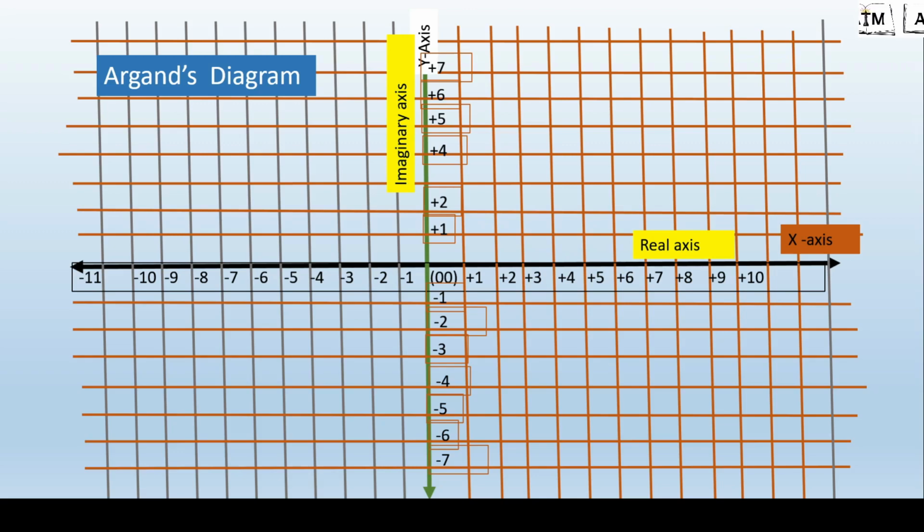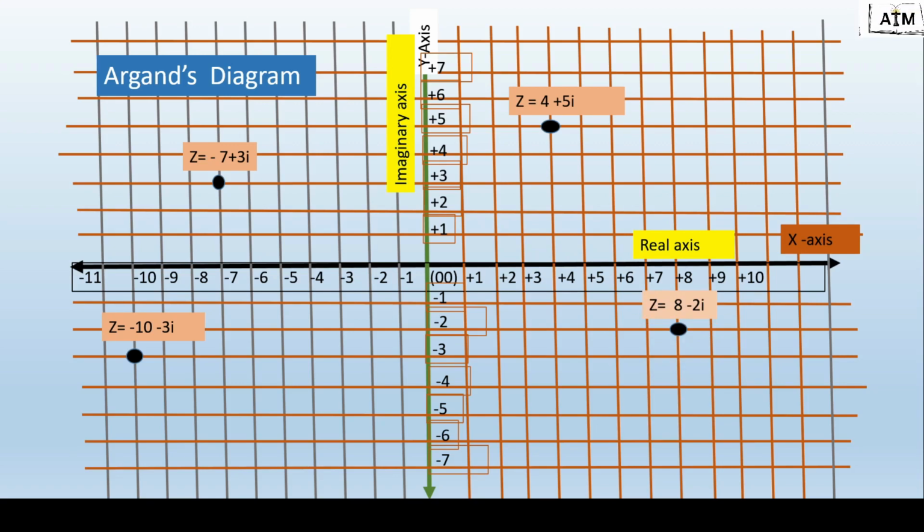Let us represent a few complex numbers: Z equals 4 plus 5i, Z equals minus 7 plus 3i, Z equals minus 10 minus 3i, Z equals 8 minus 2i, represented the same as we represent in two-dimensional geometry.